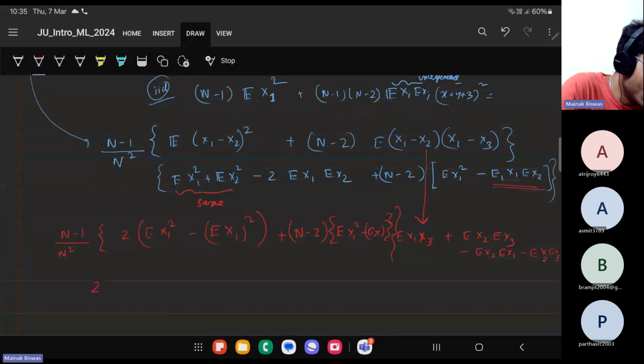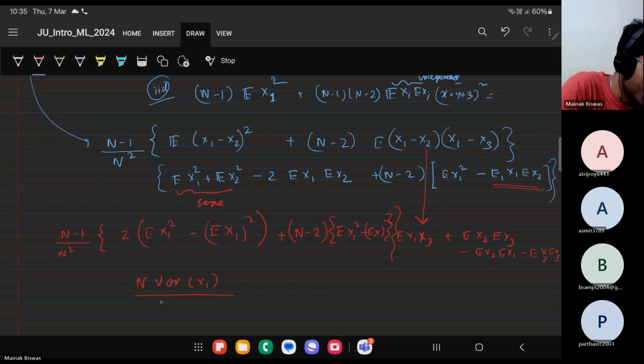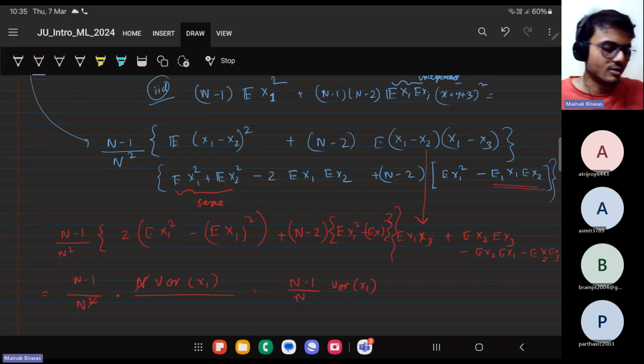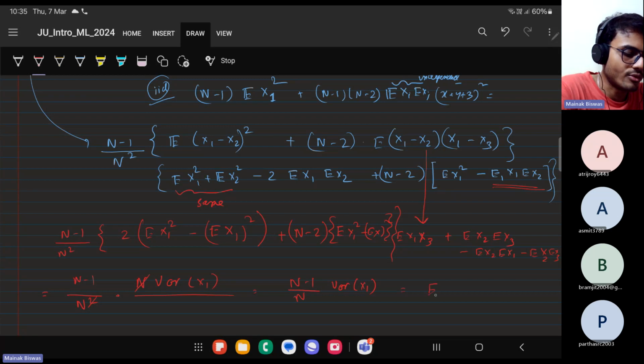So what will I get? n into variance of x1, right? Do you understand? I think it's okay, right? So this is what I got: the expected value of the estimator, it is unbiased.